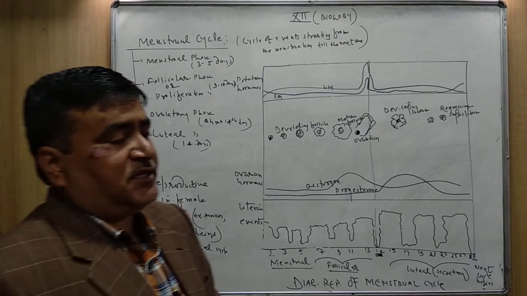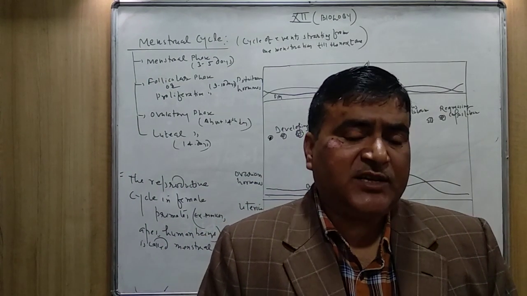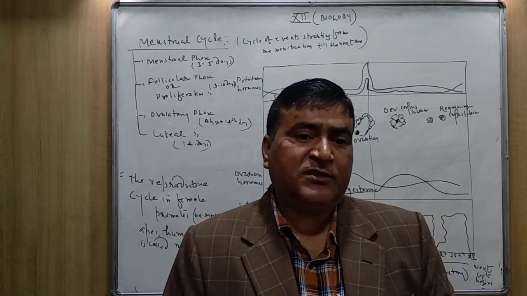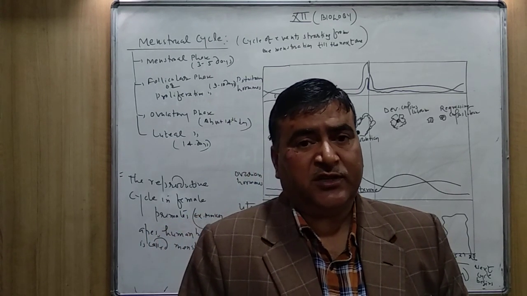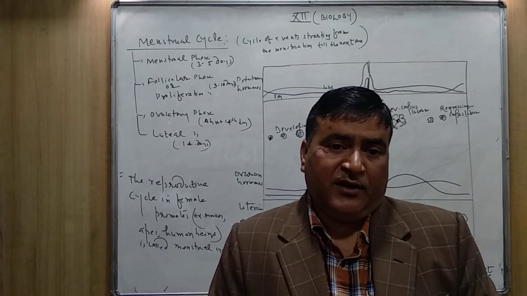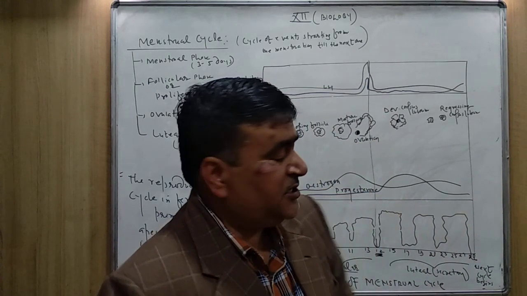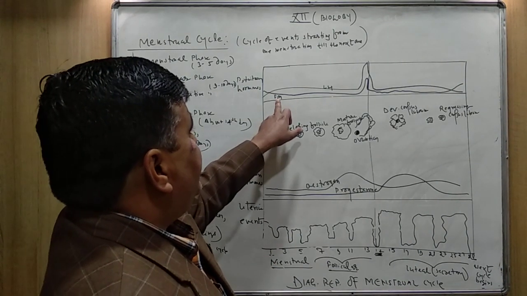During the follicular phase, so many hormones are secreted, and these hormones may be the pituitary hormones and also the ovarian hormones, the hormones which are secreted by the ovary. The two pituitary hormones secreted are FSH and LH.